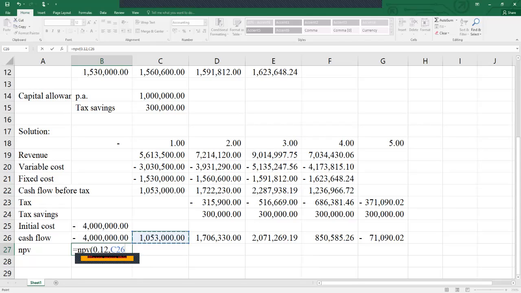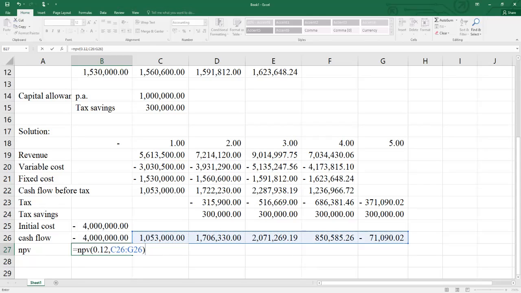That gives you the present value of cash flows from year 1 to year 5. Then you minus the initial cost. In this case I'll plus, because the initial cost is already a negative, therefore plus the negative 4 million. That gives me the NPV of the investment.